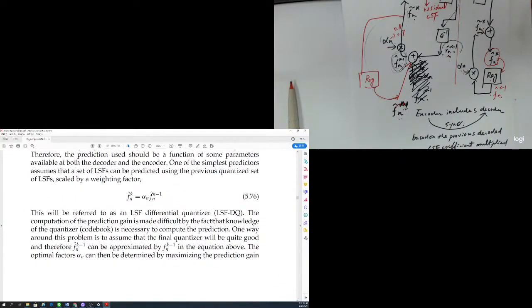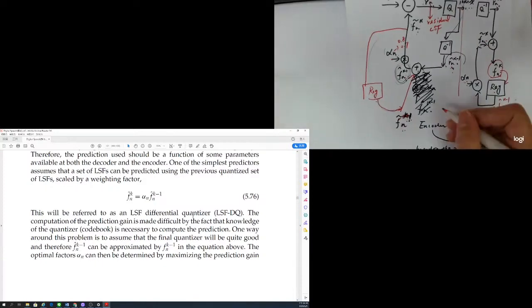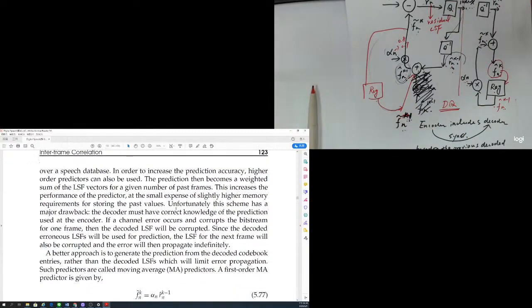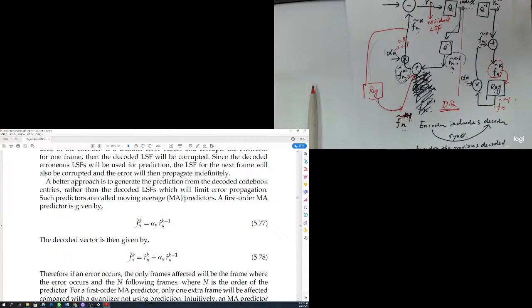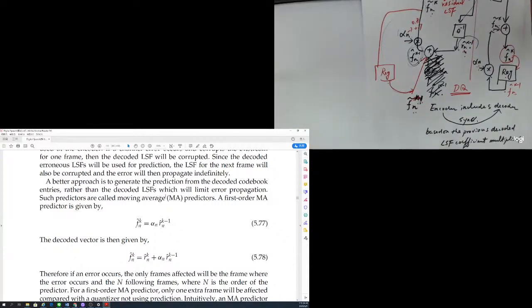So that one is a differential quantizer, DQ. Another one, they try to avoid the error propagation, so they use a moving average, MA. One is the differential quantizer, and another one is the moving average.